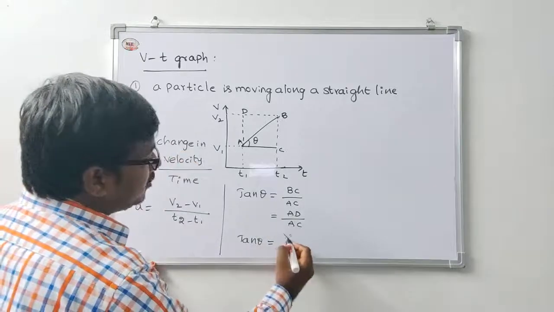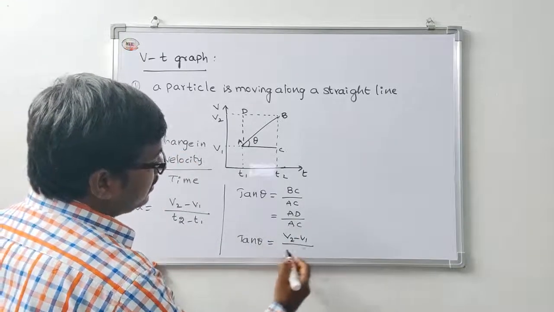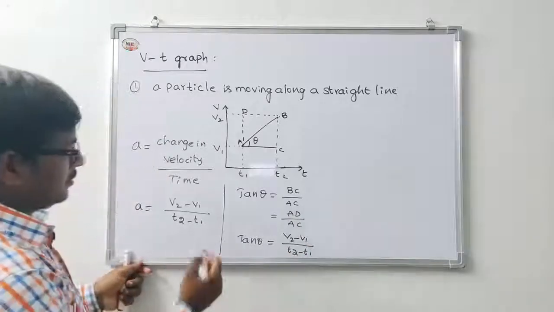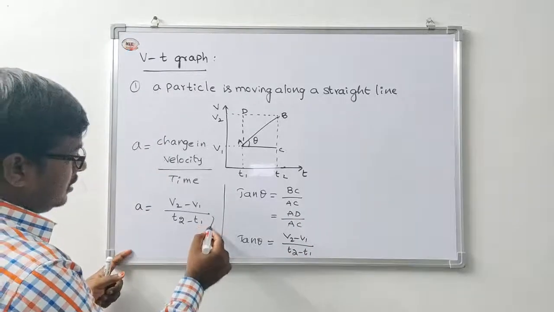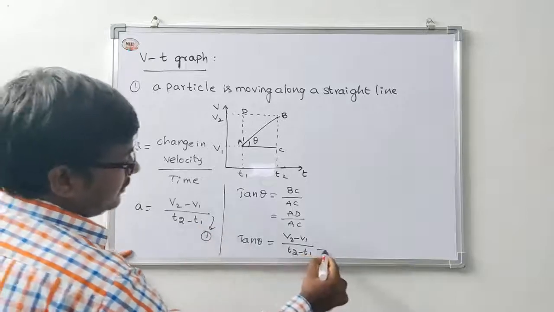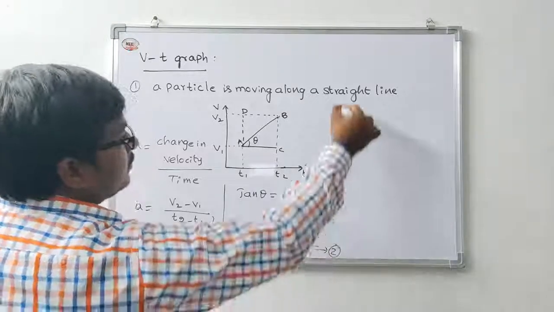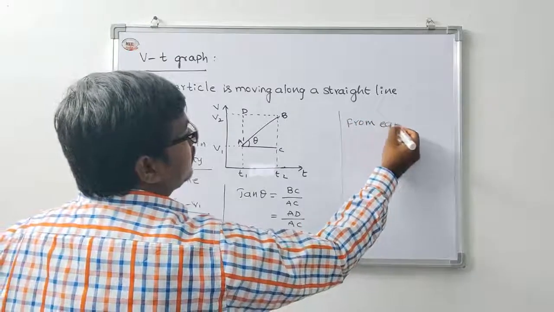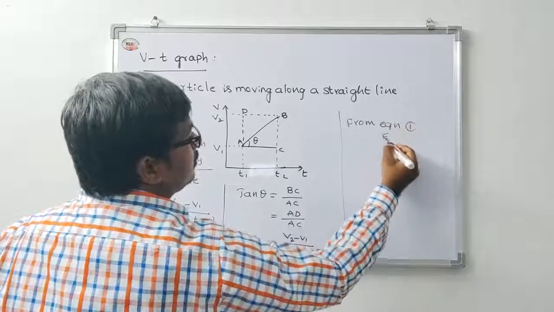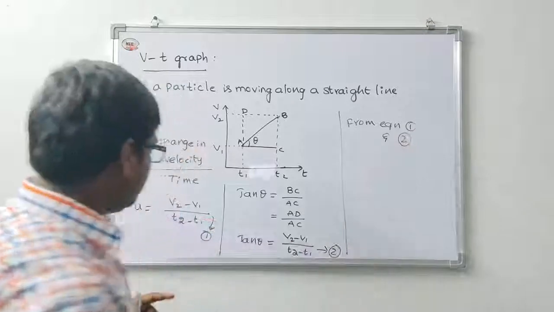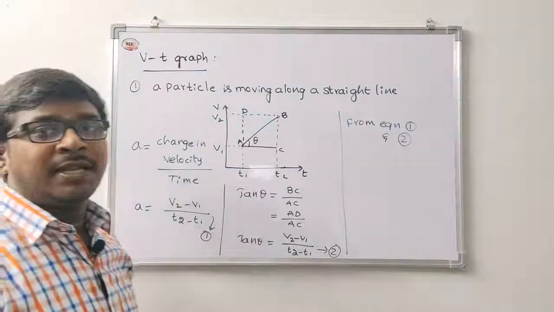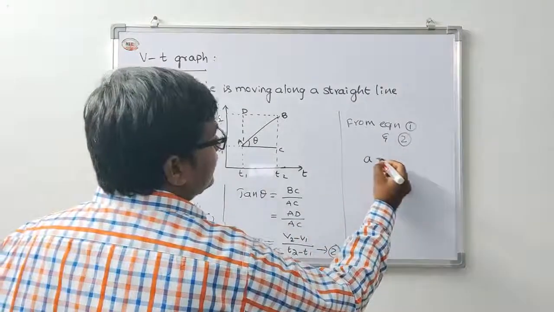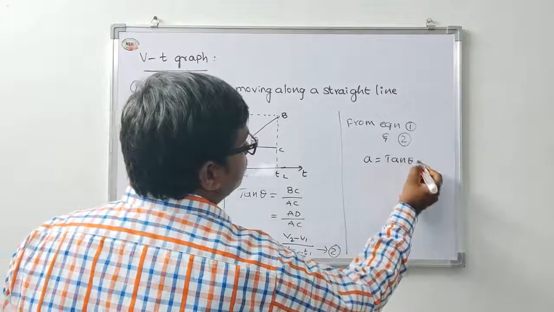AD is V2 minus V1 by T2 minus T1. This is equation number 1, and this is equation number 2. From equations 1 and 2, these two are equal: V2 minus V1 by T2 minus T1. Then a is equal to tan theta.